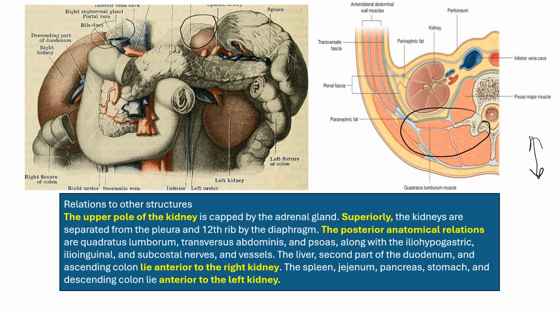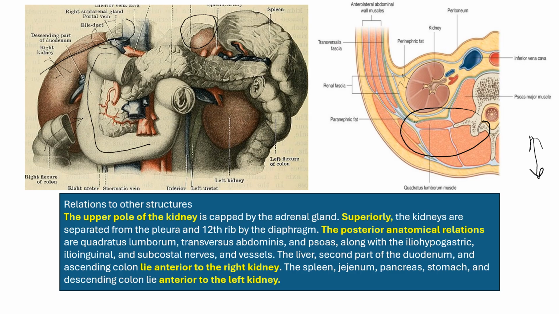The liver and the second part of the duodenum and ascending colon lie anterior to the right kidney. So we'll find here, this is the kidney behind, and this is the duodenum, and this is the colon, and the liver is up here.